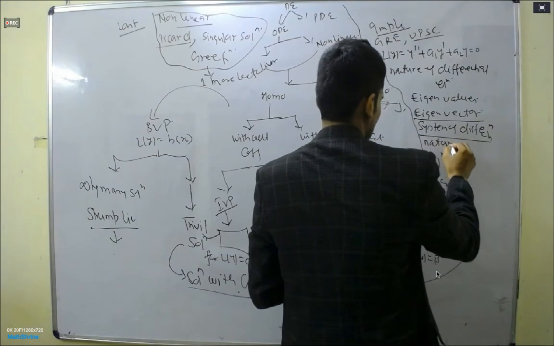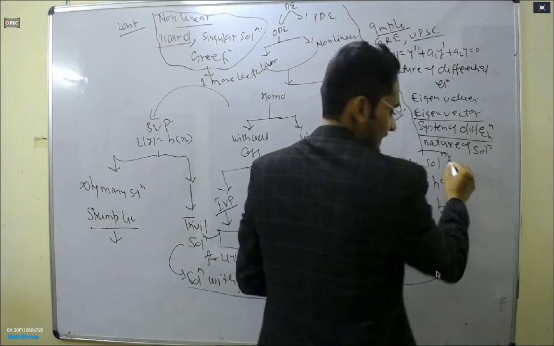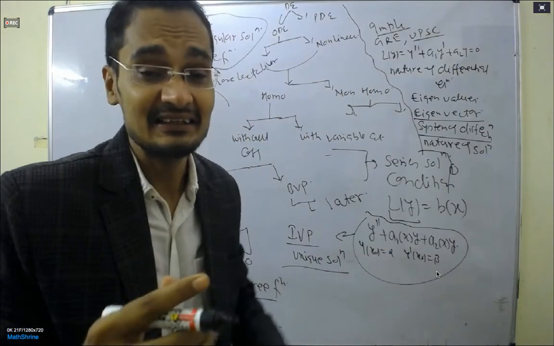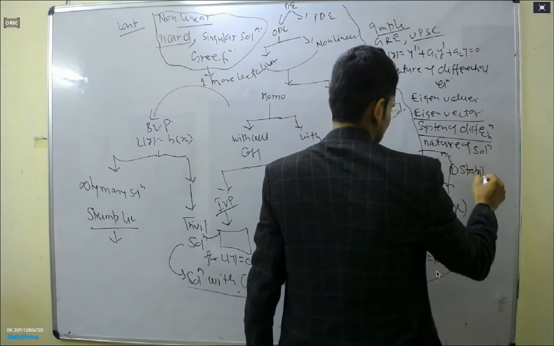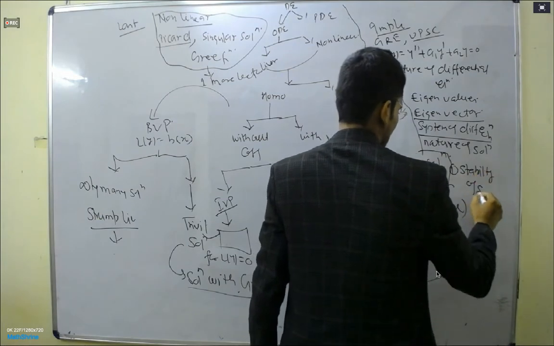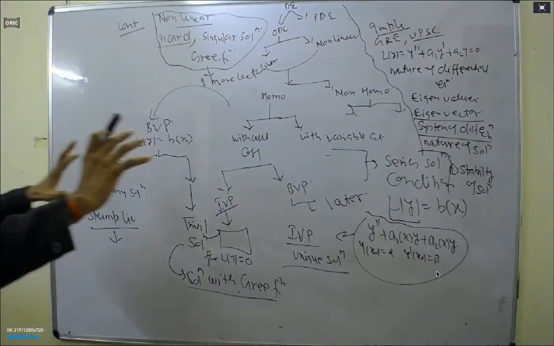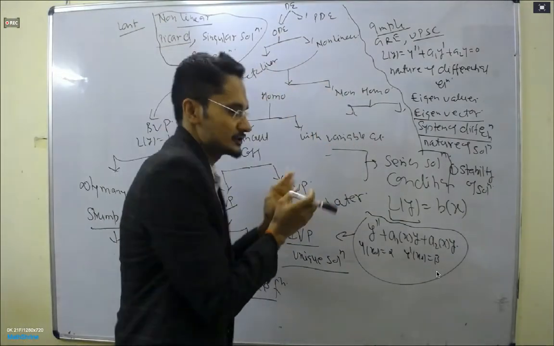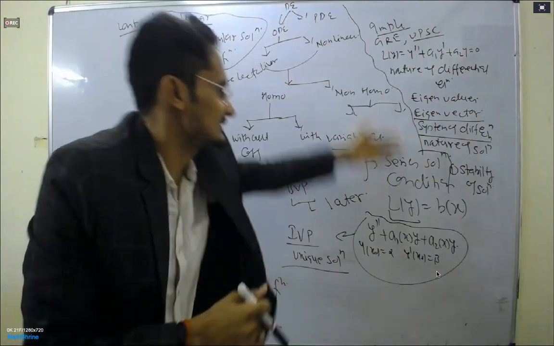So these are the only conclusions, your question cannot go beyond this chart. This is very important for GRE and UPSC. Now in the last 2 years, I have seen in CSIR also they started asking questions, because of the application.